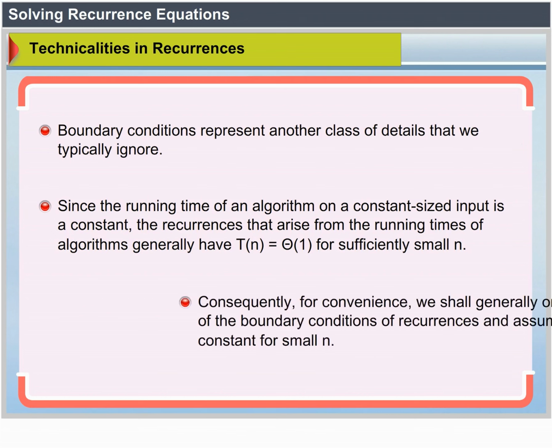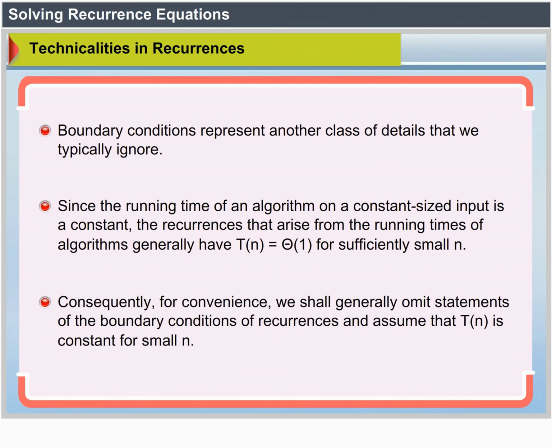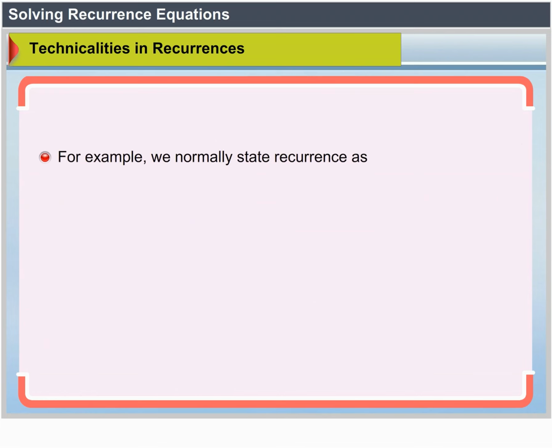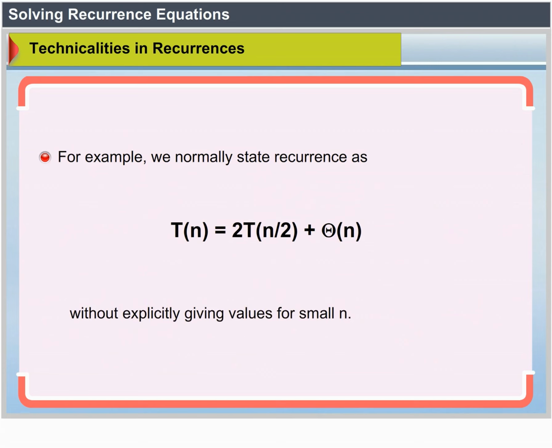Consequently, for convenience, we shall generally omit statements of the boundary conditions of recurrences and assume that T of n is constant for small n. For example, we normally state the recurrence as T of n equal to 2T of n by 2 plus theta of n, without explicitly giving values for small n.